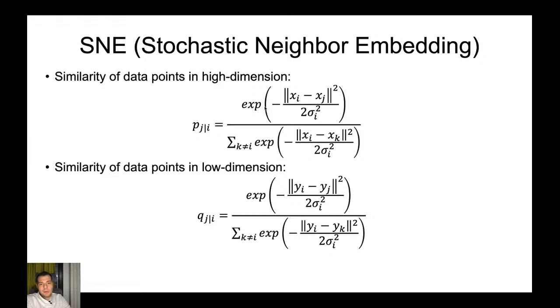If you remember the exponential function, e to minus x is a mirror of the exponential function, so you flip the exponential function with respect to the vertical axis.